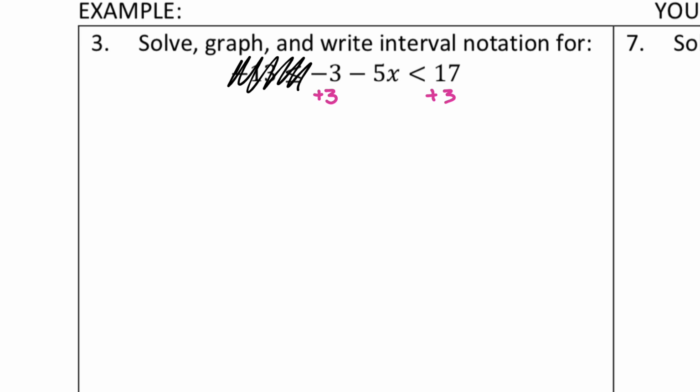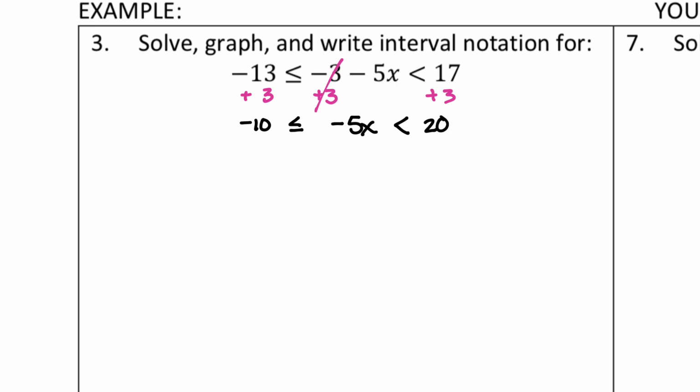It's just now you have another side, so you have to do it at the same time in all three sections. So it cancels here. We get negative 10 is less than negative 5x, which is less than 20.